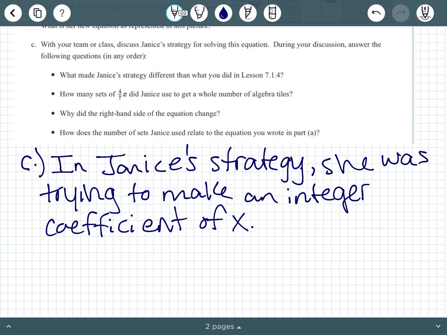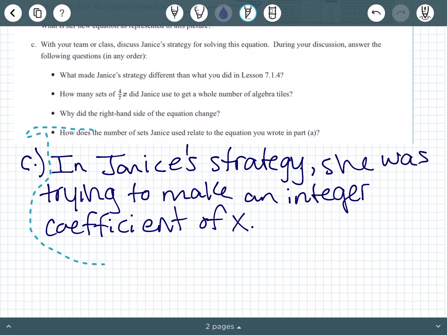So basically what it means when I say she was trying to make an integer coefficient was she was trying to make a coefficient that was not a fraction and not a decimal. All right, let's take a look at the next question.